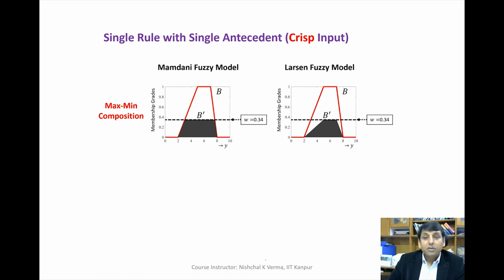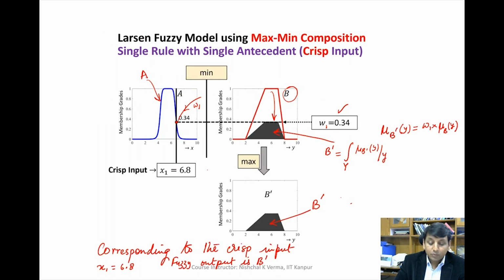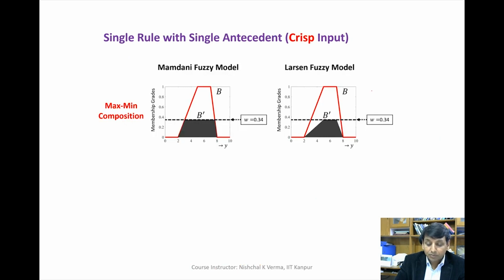Now, how will it look? Corresponding to the crisp input x1 is equal to 6.8, we are getting this output, which we have presented here. And for the Mamdani fuzzy model with the same input, how will it look?